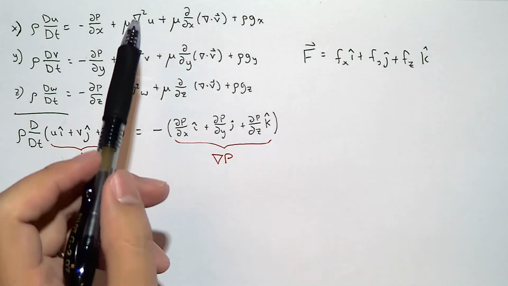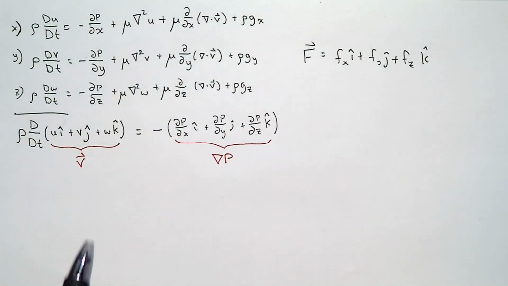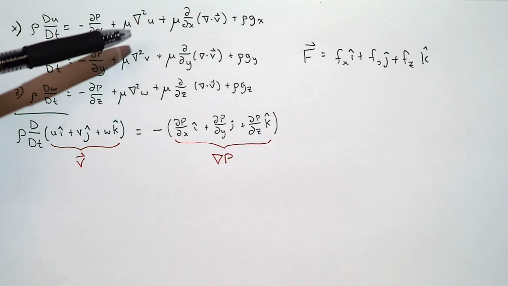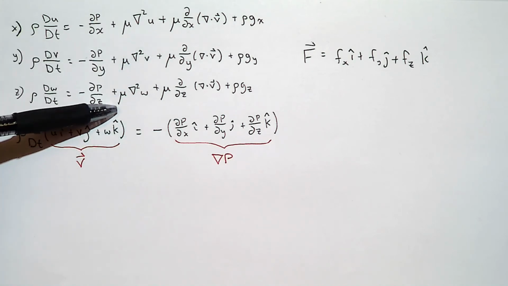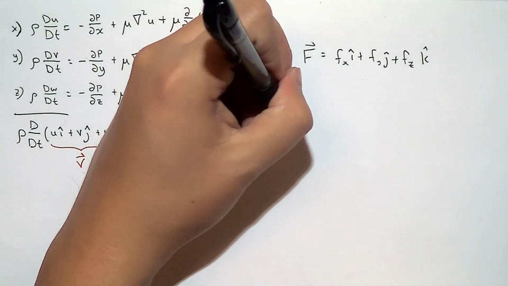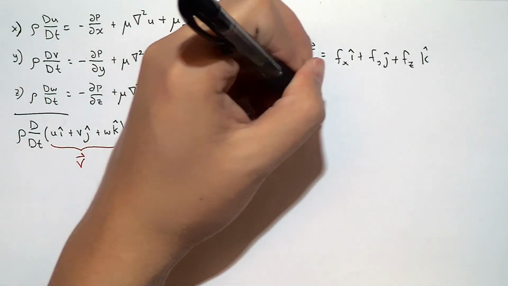If I add mu Laplacian u in the x direction, that's i, plus mu Laplacian v j plus mu Laplacian w k, what do these three terms have in common? Mu Laplacian. Okay.